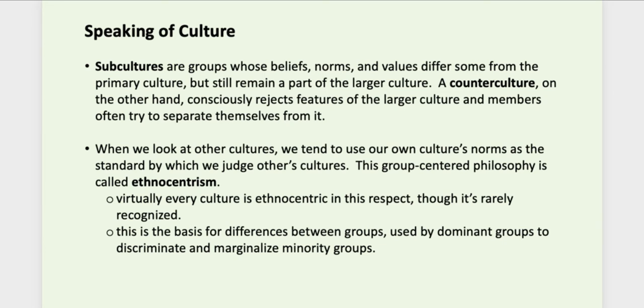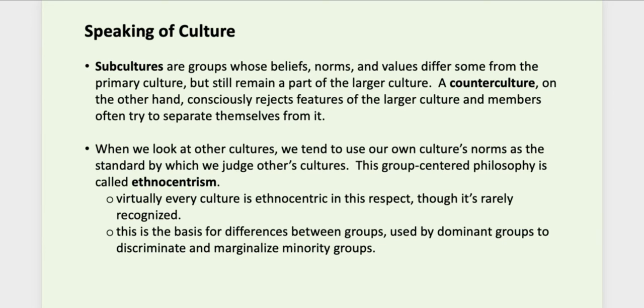When we look at other cultures, we do tend to use our own culture as what is normal, the standard, the yardstick by which we judge other people's cultures, and this is what we call ethnocentrism.